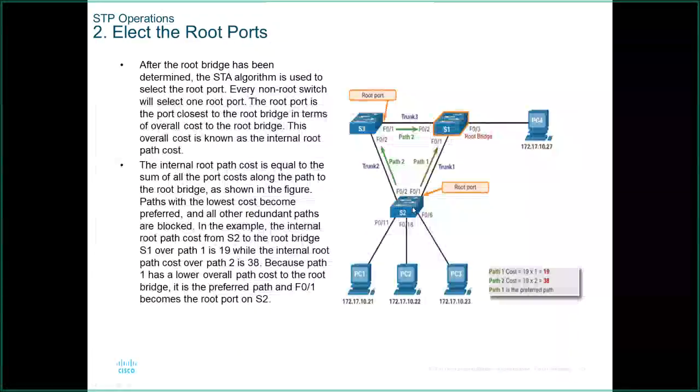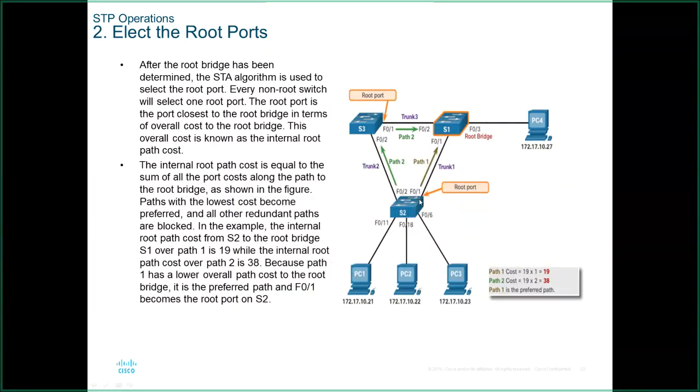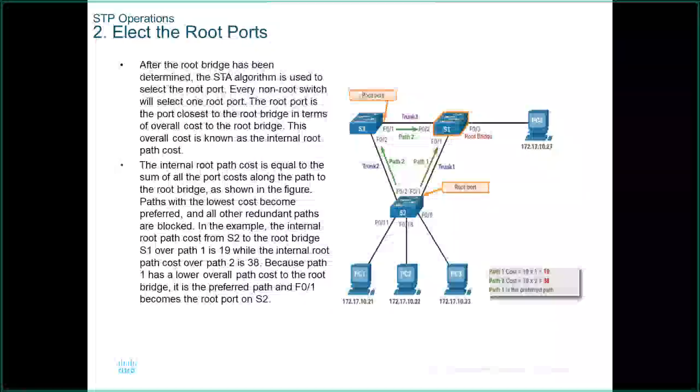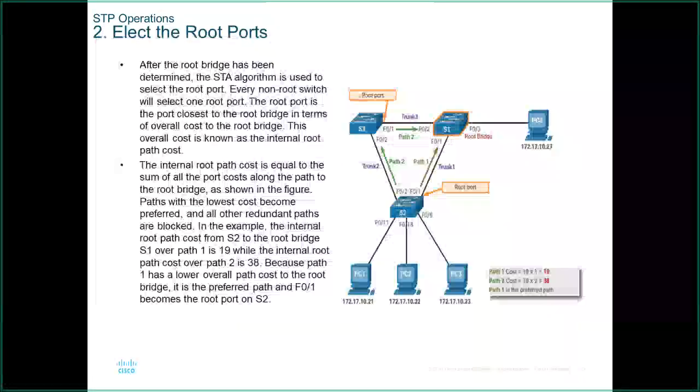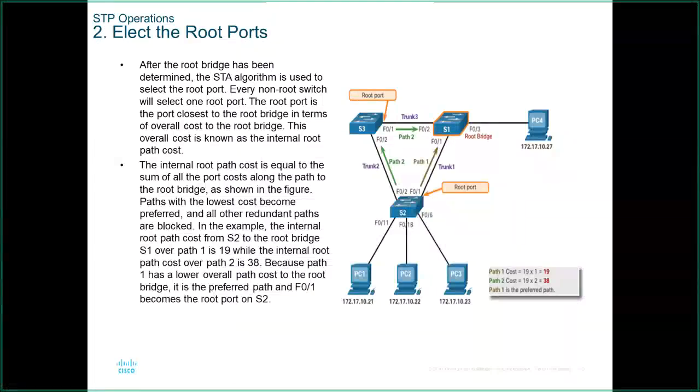So switch 2 goes, my lowest cost is 19, so out of F1, because my alternative is F2 with 38. So I'm going to designate F1 as my root port, and same with switch 3, the lowest cost.